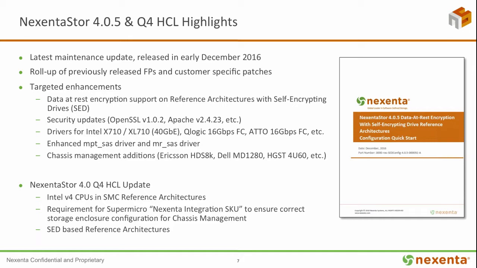Last but not least, we've run into some challenges at some customers around chassis management of Supermicro JBODs. What we've now added and called out is when you order those JBODs, you have to get this special Nexenta integration SKU from Supermicro. The details of it are in the HCL. That SKU ensures that the JBOD is set with the right firmware, the right settings, so that it comes up properly and can be managed properly by Nexenta Store.